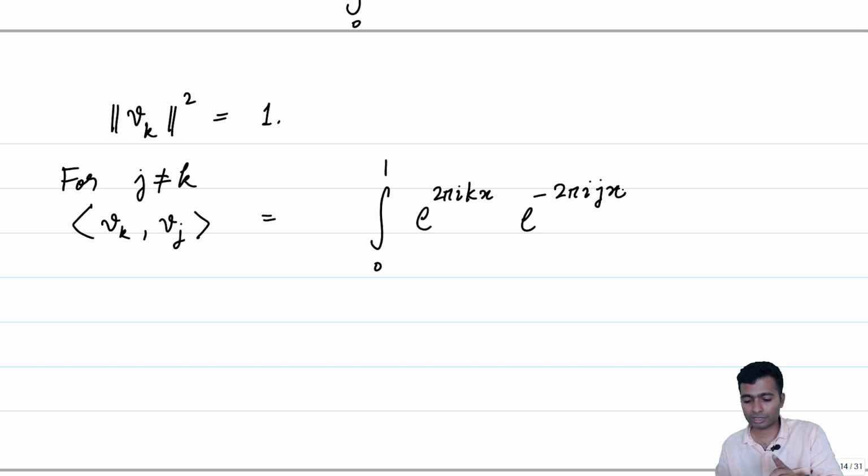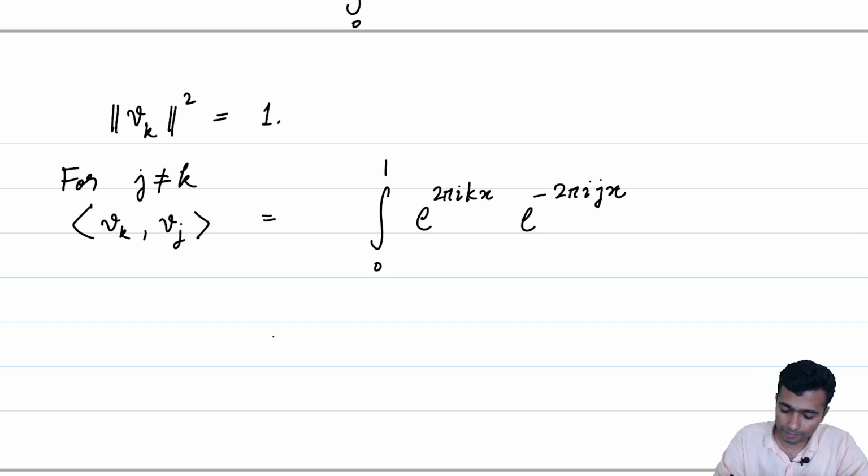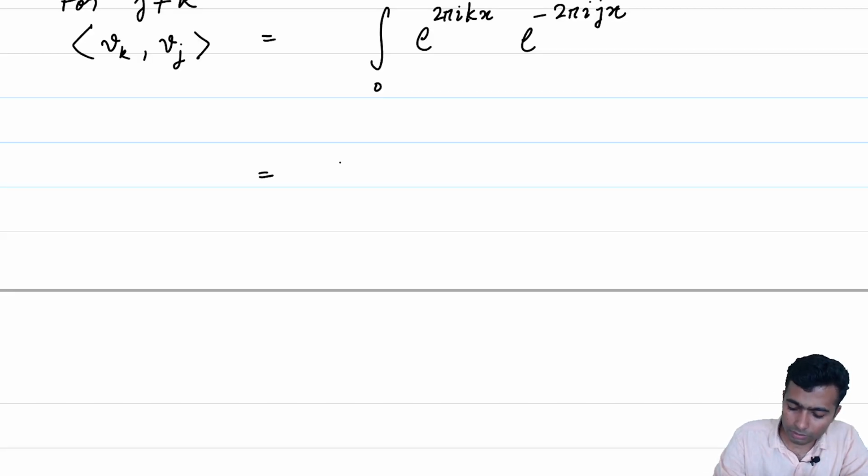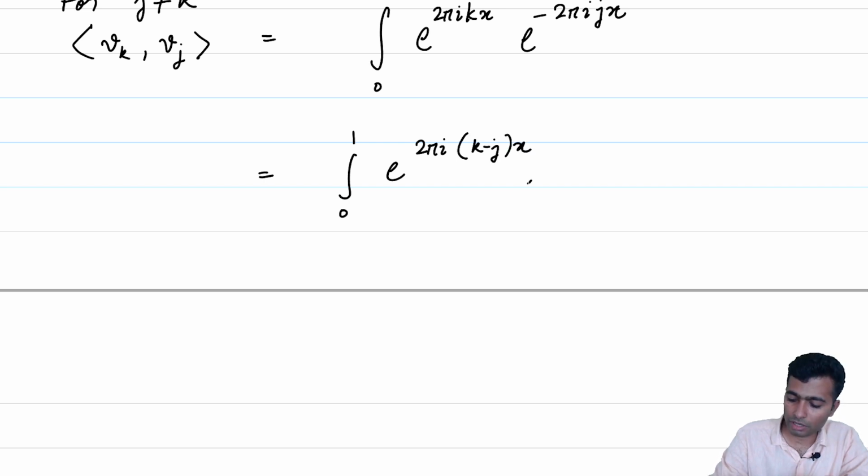So notice that the i featuring in the exponent here is the square root of minus 1 and it is not an index. However, k and j are indices. So this is equal to the integral from 0 to 1 of e to the power 2 pi i times (k minus j) times x dx.